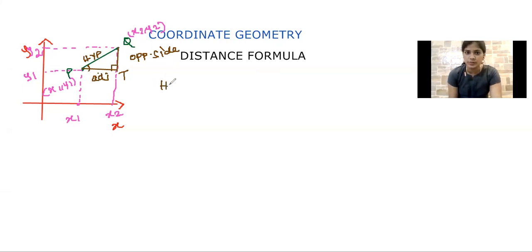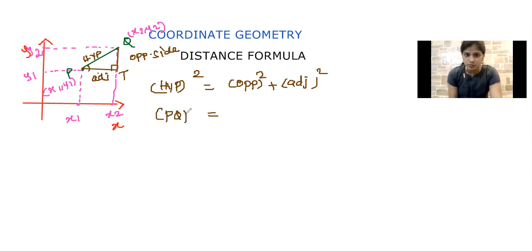So you know the Pythagorean theorem already, which is hypotenuse square is equal to opposite square plus adjacent square. So now I can write this as, hypotenuse is nothing but the line PQ, so PQ the whole square is equal to the opposite side QT square plus the adjacent side PT the whole square.